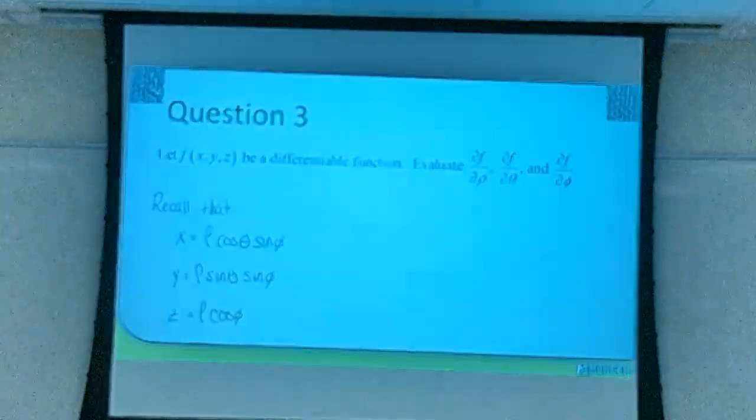What about partial z, partial rho? Just cosine phi.